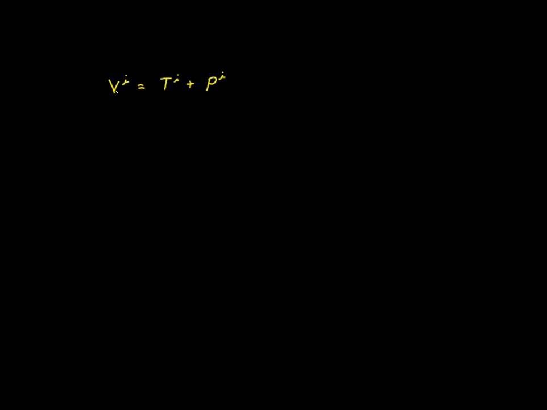This time we'll start with the basic relationship that our vector component V_i is just going to be the sum of the vector components for the surface projection and the normal projection. Okay, now we're going to substitute into this expression the values that we've just been working with involving our operators. So T_i is going to be T_ij contracted with V_j, and P_i is going to be P_ij contracted with V_j again.